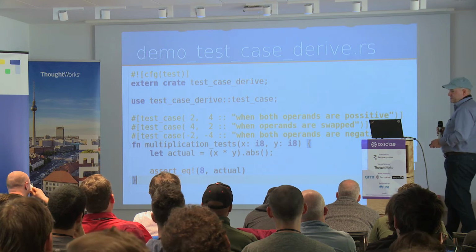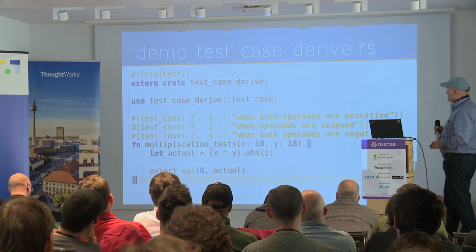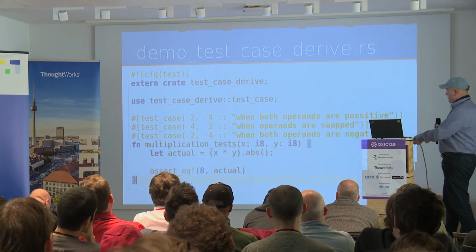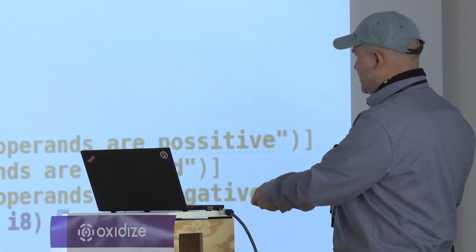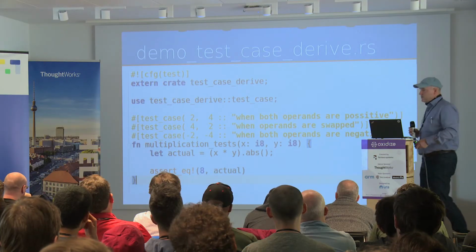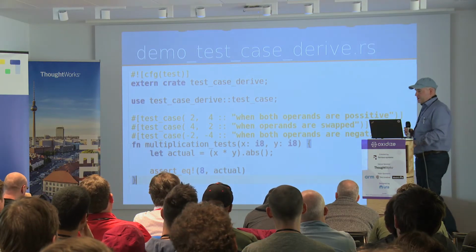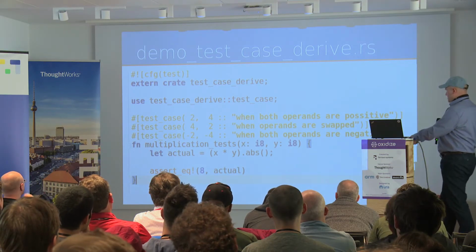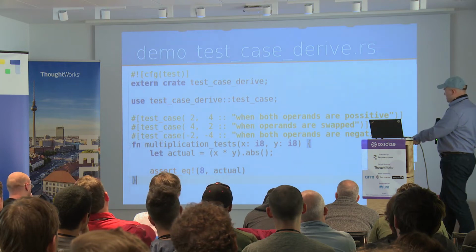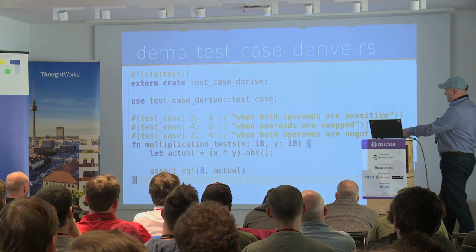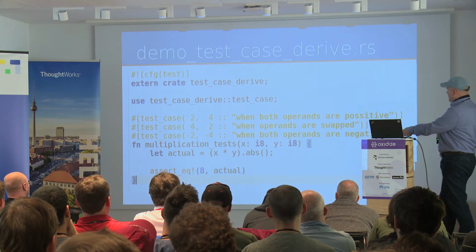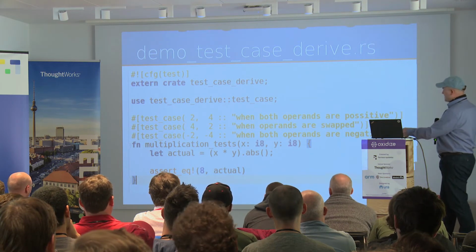The test-case-derive functionality allows you to implement a single test function and declare multiple tests that should be run using this test function. We have two parameters, x and y, and we can define line by line test cases and name them with a specific name.